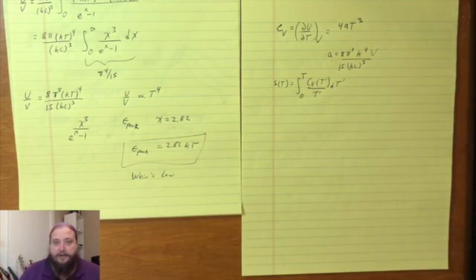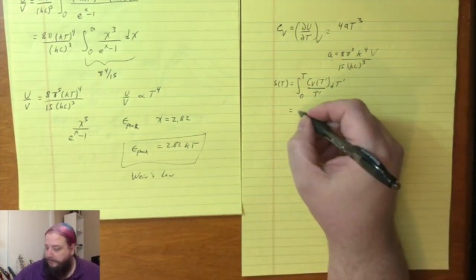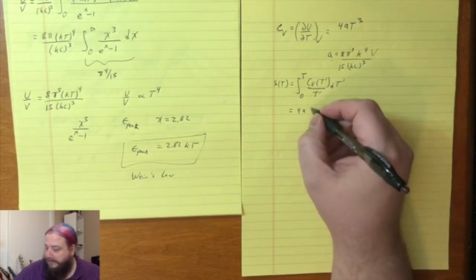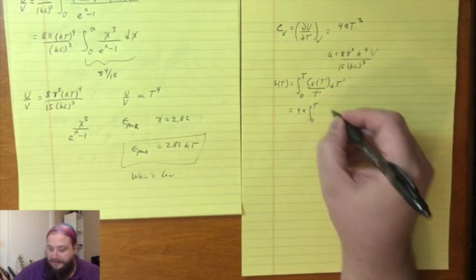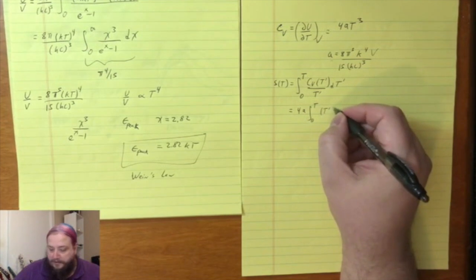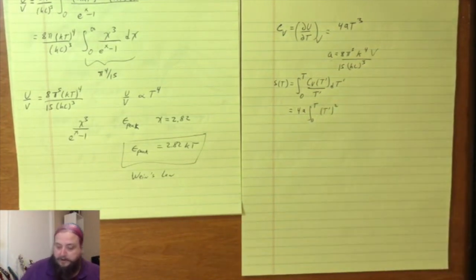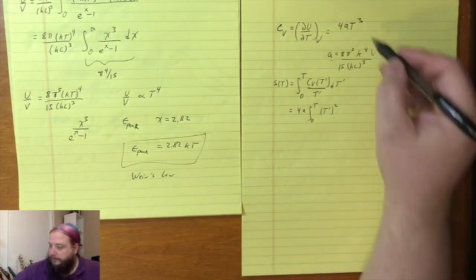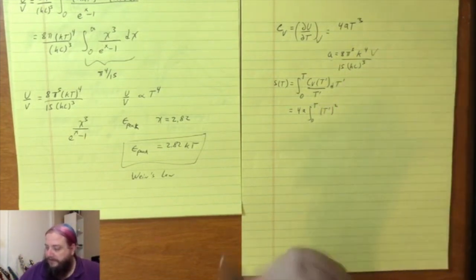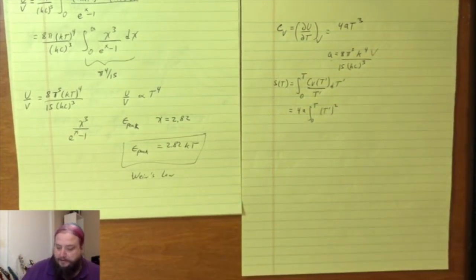We integrate our heat capacity over temperature dT, and that's 4 times a times the integral from 0 to T of T prime squared, because we took the T cubed and divided by T, so we just got T squared.